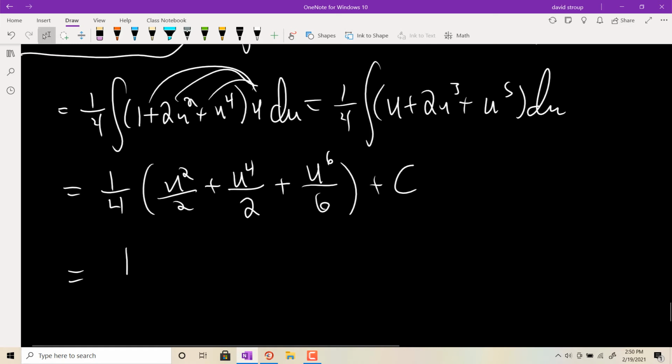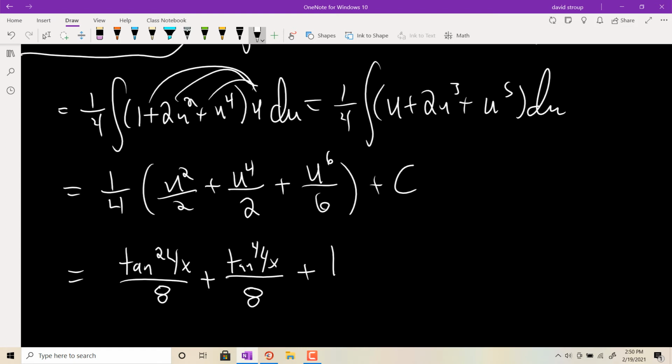So we'll have tan to the 2nd power of 4x all over 8, plus tan to the 4th power of 4x all over 8, plus tan to the 6th power of 4x all over 24, and then plus c.